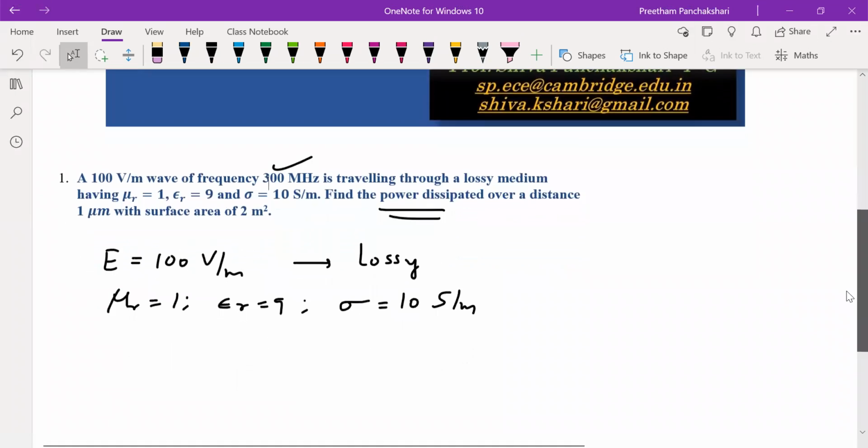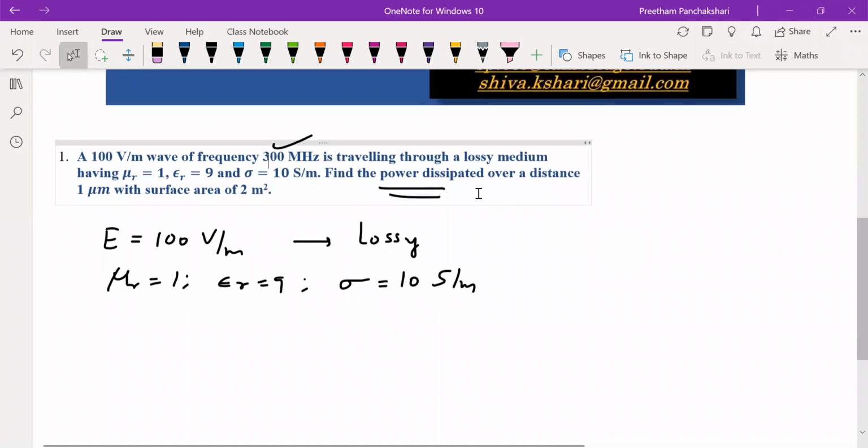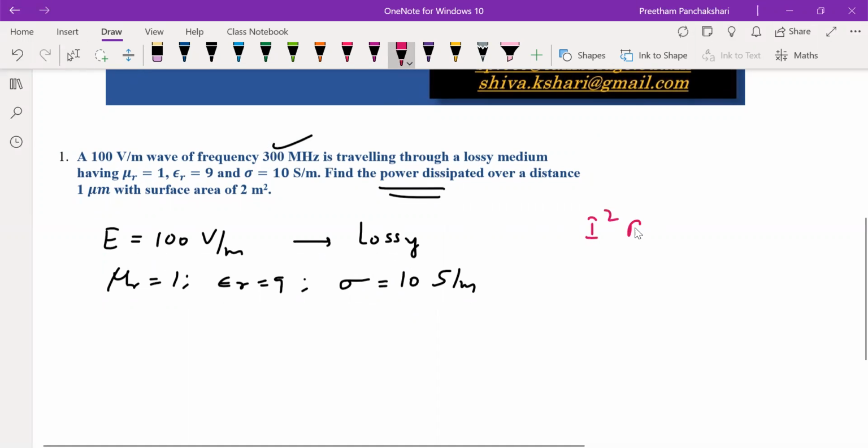Anyhow, you have to find the power dissipated. Power dissipated generally in a conducting medium: as the conductivity increases, power dissipation also increases. So power dissipation is our I square R losses, and this is due to conduction current.